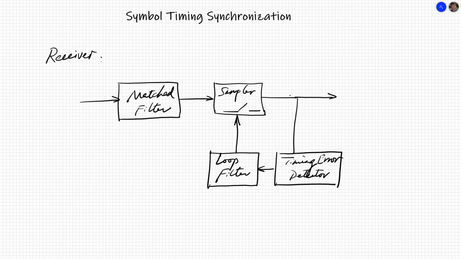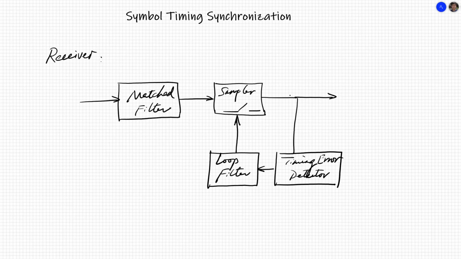If the timing error is 0, then the loop is locked, so we are locked to the best sampling position. If the timing error is non-zero, this value will adjust or control the loop filter and make the output offset vary. The idea is very similar to the previous loop for phase synchronization, the phase lock loop.